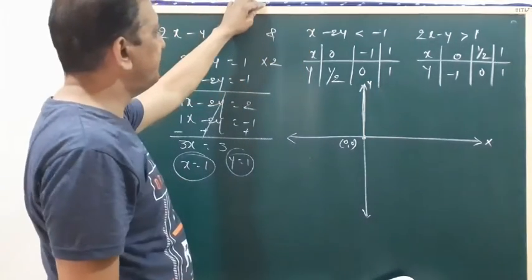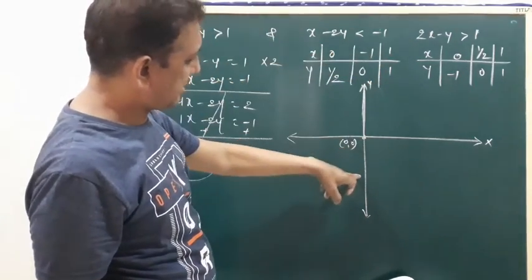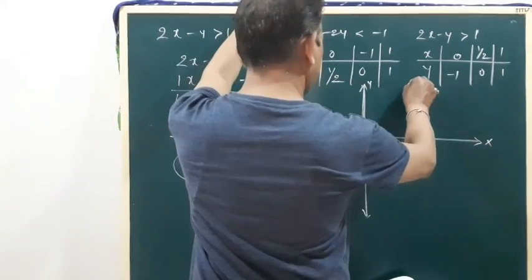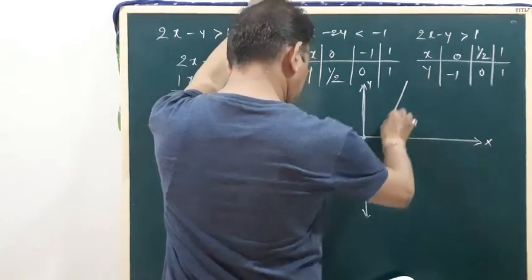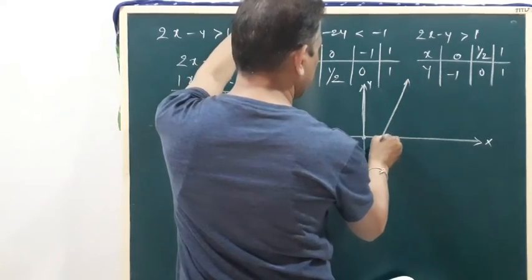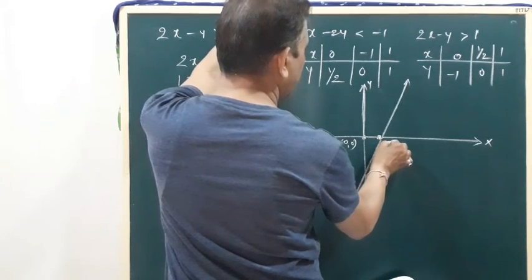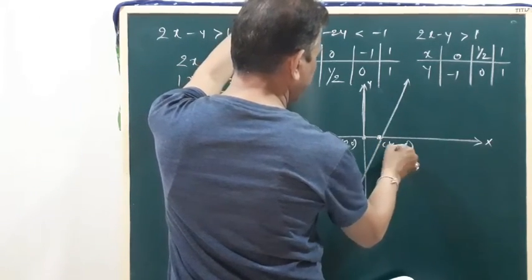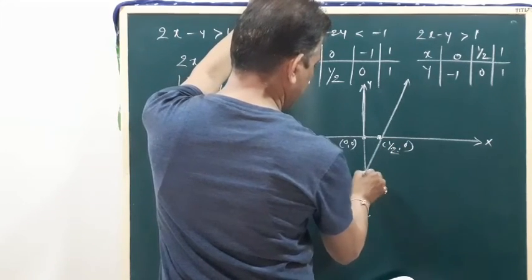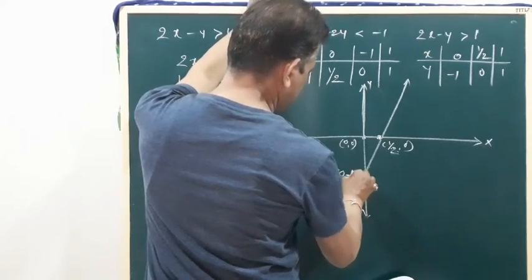First equation, 0 minus 1 is here and 1 by 2, 0 is here. The points are 1 by 2, 0, and 0, minus 1.